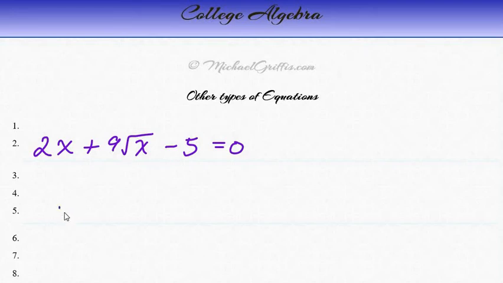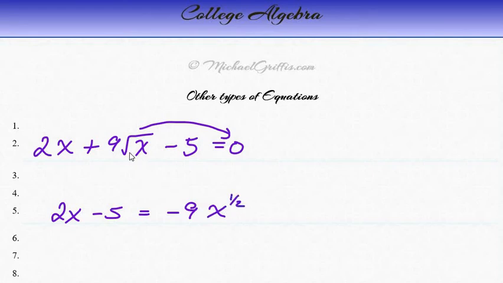So we have 2x minus 5, set that equal to, so we're going to take that over. Or you can think about subtracting 9 times the square root of x from both sides. And I'm going to write this in exponential form here. Get it out of radical form, write it in exponential form.